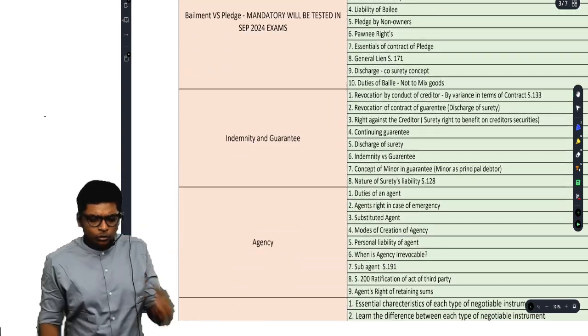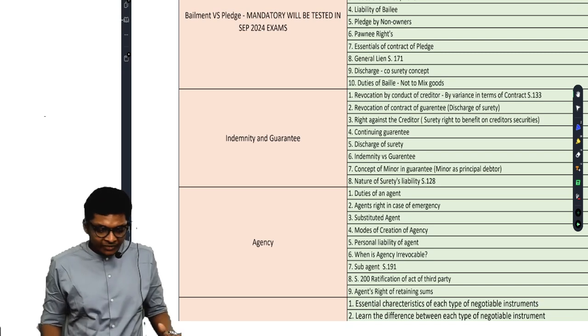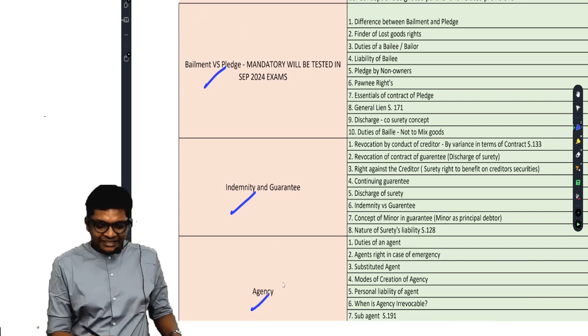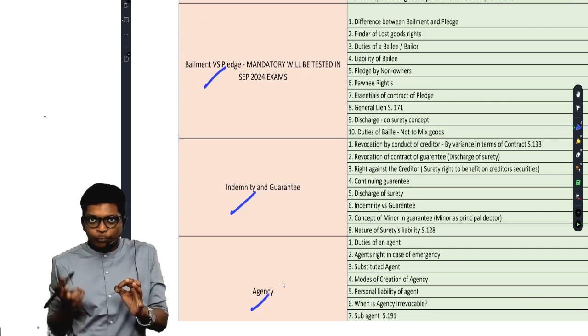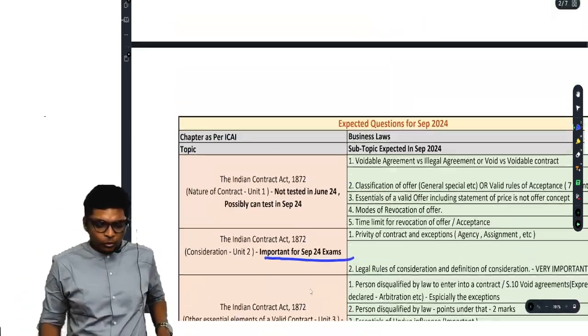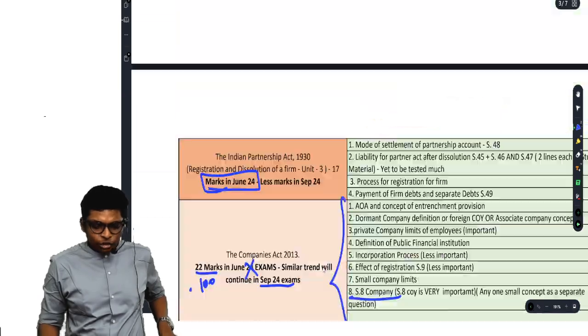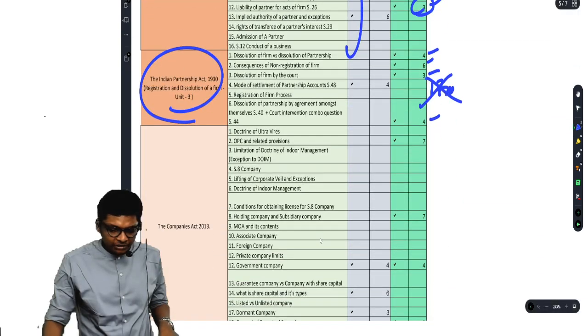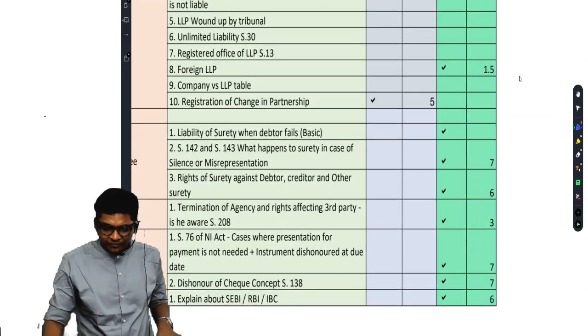Let's take two more analyses to help you understand. These three chapters, bailment and pledge, indemnity and guarantee, and agency, are concepts brought from CA Inter. Last time in the June exam, in these three chapters, we have done such a beautiful analysis here, guys.